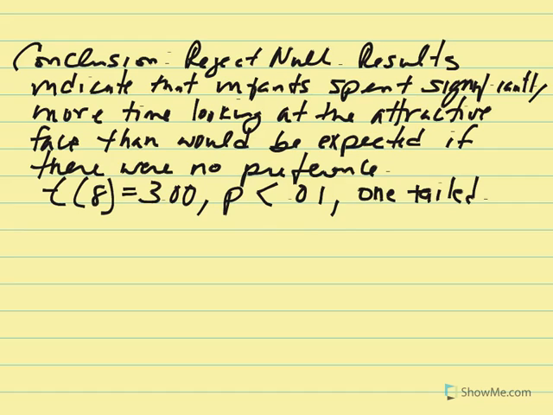But again, this statement here is saying that there is less than a 1% chance that we would obtain a sample mean equal to 13 if the null were true. The null says no preference, or in this case, for the directional hypothesis, they would spend less than half of the time on the attractive face.